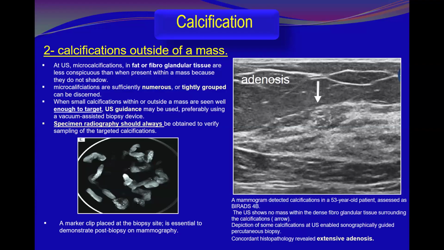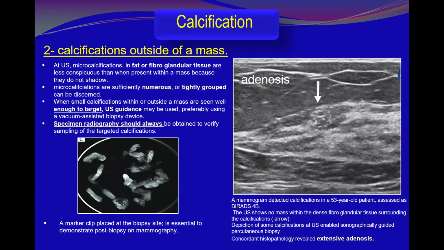But within the fibroglandular parenchyma, the microcalcifications are bright and the speckles within the parenchyma are also bright. Speckles of the Cooper ligaments and artifacts all are bright. So it will be difficult to appreciate them unless they are sufficiently numerous or tightly grouped. Okay, then they can be discerned.